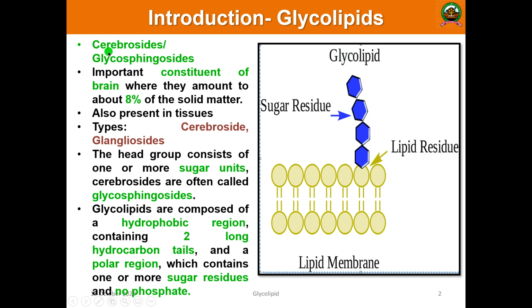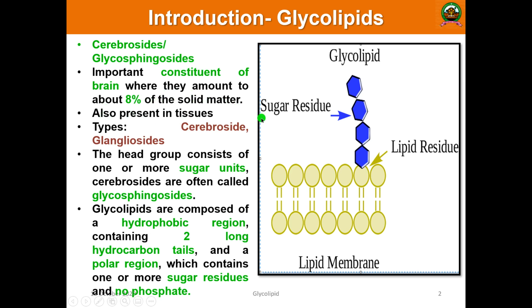The glycolipids are otherwise known as cerebrosides or glycosphingosides. These are one of the major constituents of the brain, where they account for 8% of the solid matter, and they are also present in various tissues.